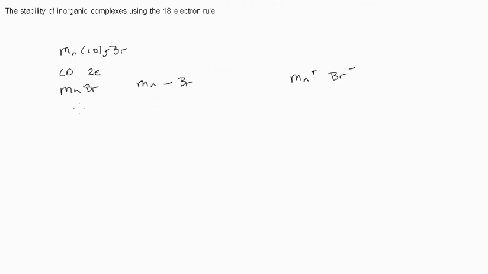Now if we look at the electronic configuration for manganese, we'll have 1s2, 2s2, 2p6, 3s2, 3p6, 4s2 and then 3d5.